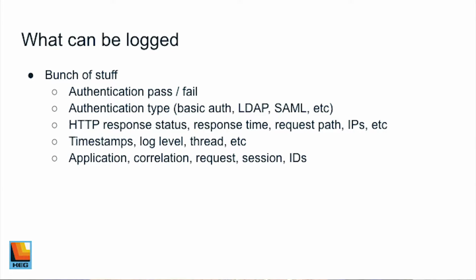So what can be logged? Well, there's quite a bit. For example, we log authentication, whether it was a success or a failure and what the authentication type was, whether LDAP, SAML, or our built-in local authentication.